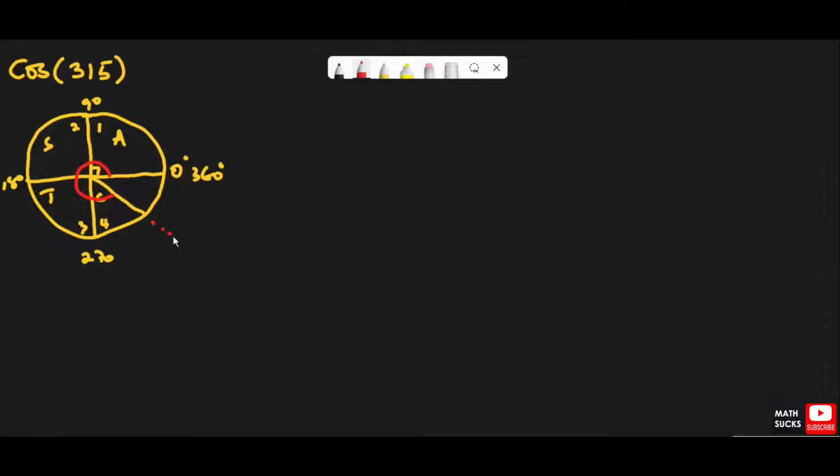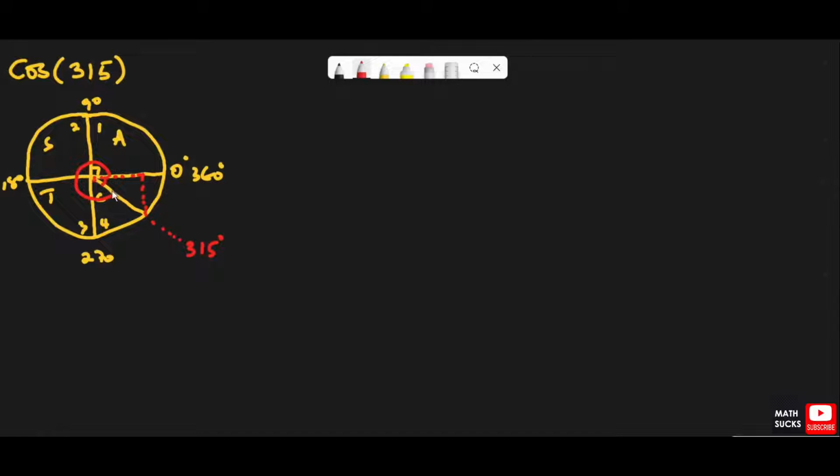So if along here we have 315, the target is knowing what's the other angle that is remaining. To know that, we have our right angled triangle right there.